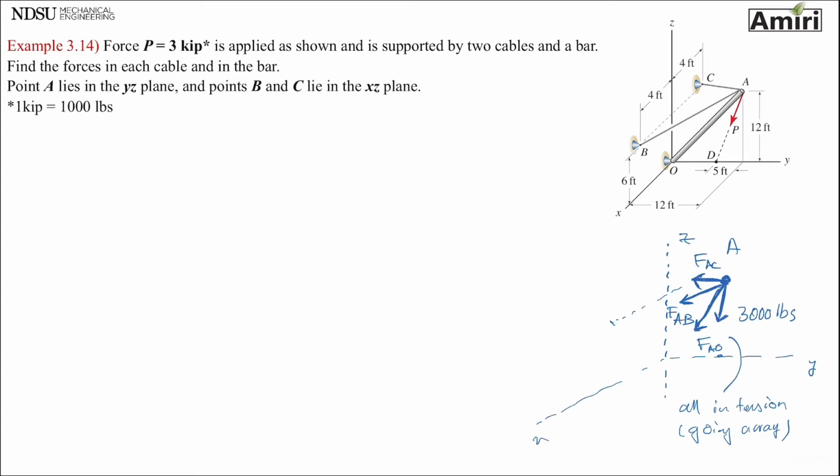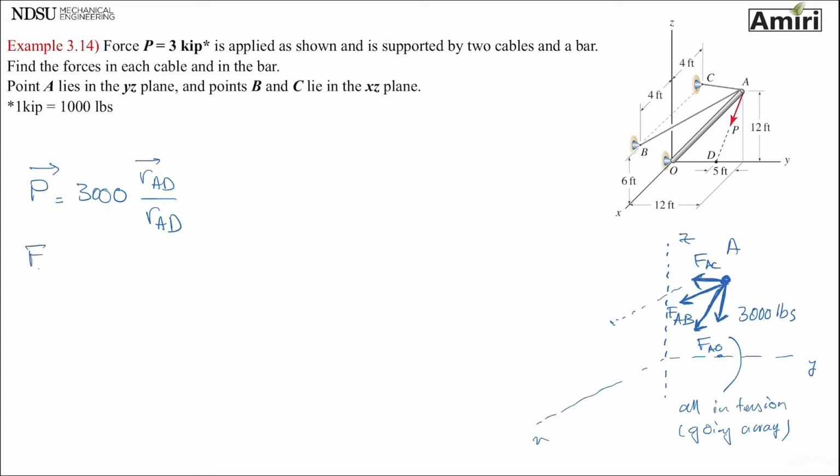Okay, so I have a whole bunch of forces to transfer into position vectors, so I'm going to go through it a little bit faster here. I have P, which is 3000, position vector AD over magnitude of AD.